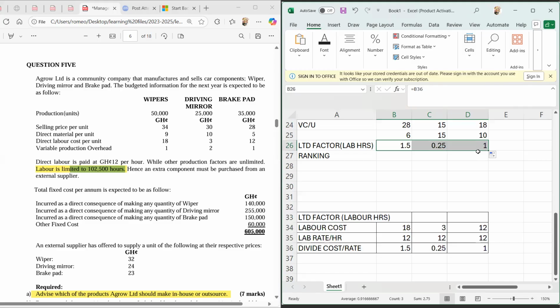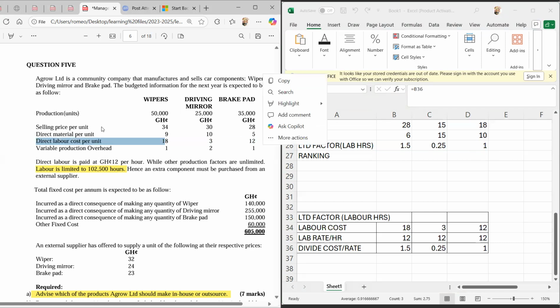So if you want to find the 18 that they gave you over here, 1.5 times 12 will give you what? 18. So that's how come we had the 18 over here. See, Barbara, I hope yours has been answered. Yes, please. So this 1.5 was multiplied by this 12 to give you 18. You get it, the one you were asking.